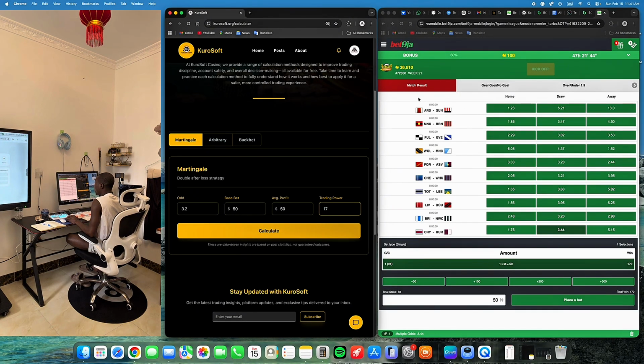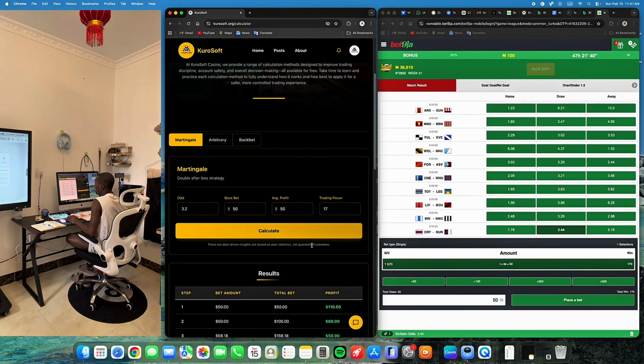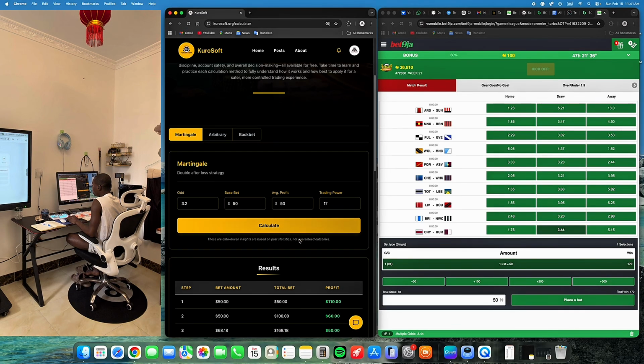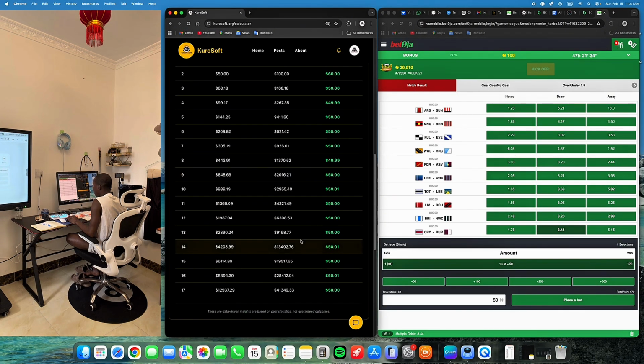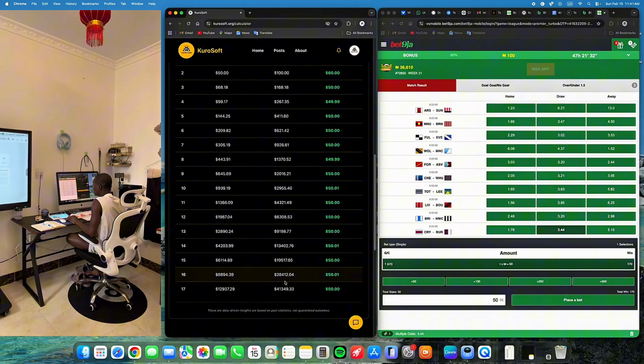So for the 17 times that is left, at least one out of those 17 times, this team should record a draw. As a matter of fact, it is going to record that draw. Now, the capital required for these 17 times is 41. Please ignore the dollar sign so you will not think that this amount is in dollars.